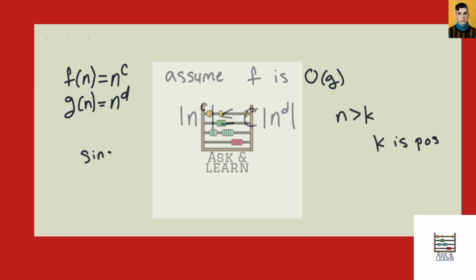So then, since k is greater than 0, we can obtain that n is greater than 0. And if that's the case, then the absolute value of n to the power C is simply equal to n to the power C. And the same goes for our n to the power of D, right?